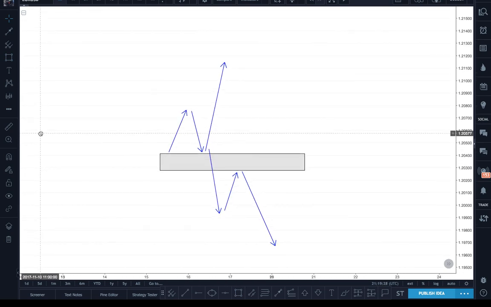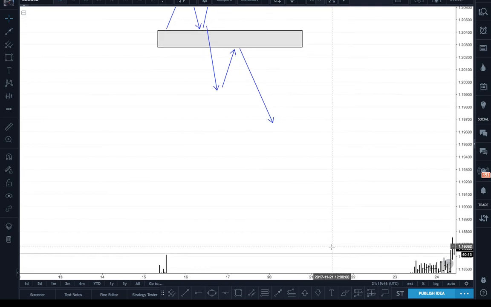Real quick, these are the two different outcomes that can happen. Price zooms out, pulls back to that level, continues, or price zooms out, zooms through that level, pulls back into that area, and then continues in the opposite direction. Just to look at some examples.